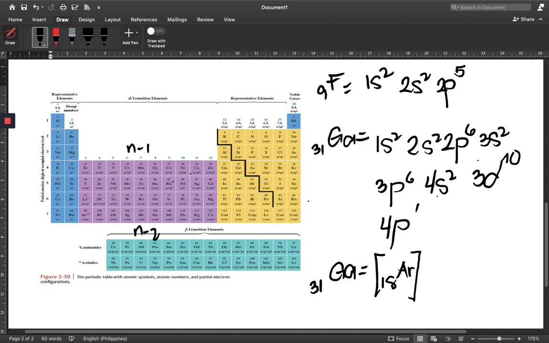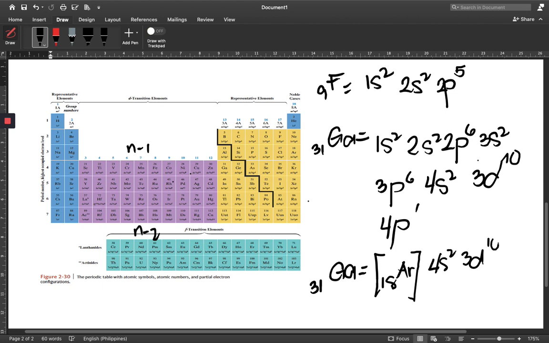And then after that, we start counting from the element after argon. So this is 4s2, and then after that one, 3d10.